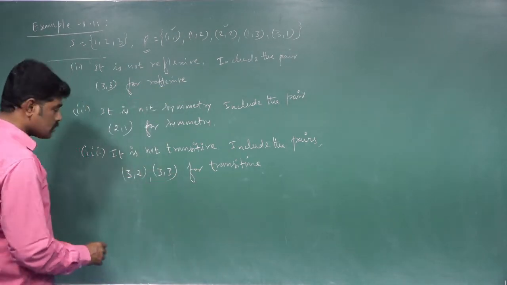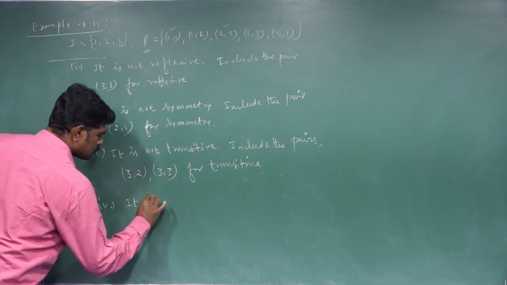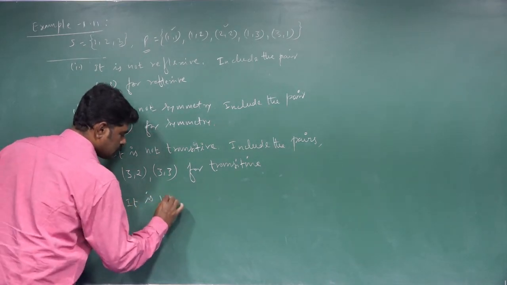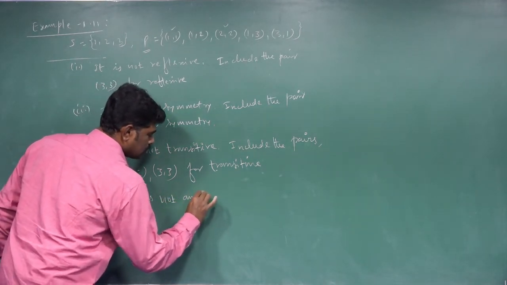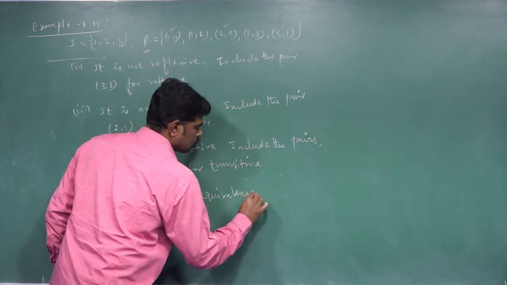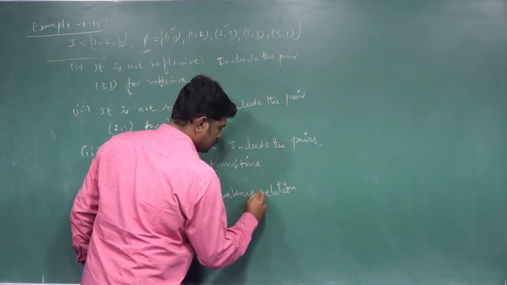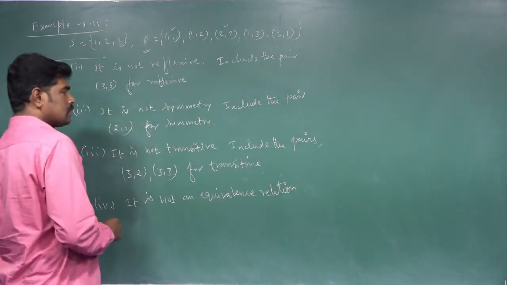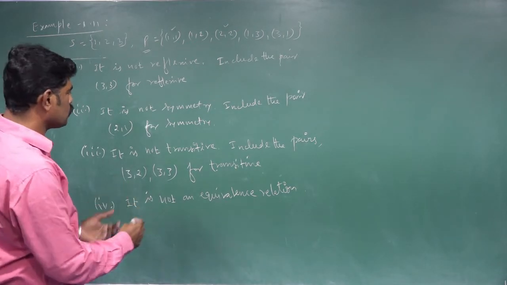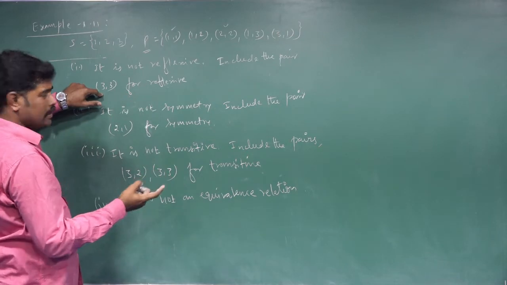Now we verify equivalence. It is not an equivalence relation. Then what pairs need to be included? If you include this pair, it becomes reflexive.